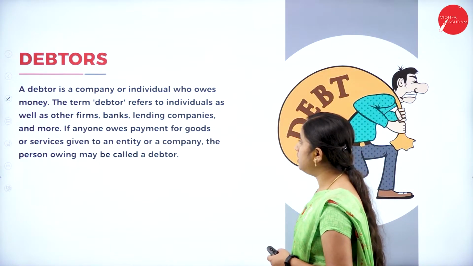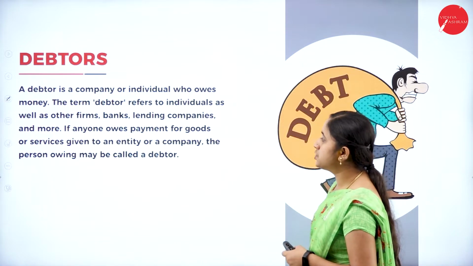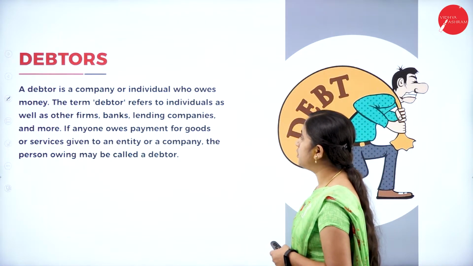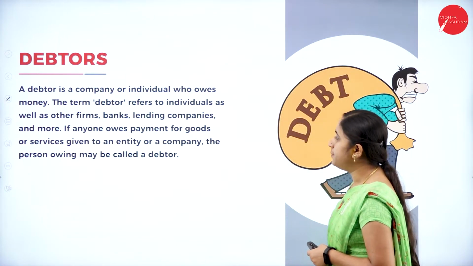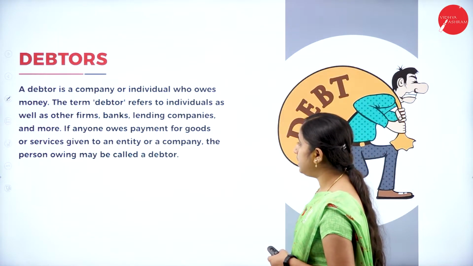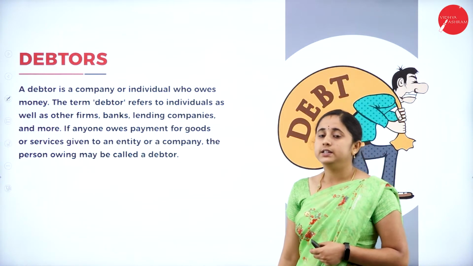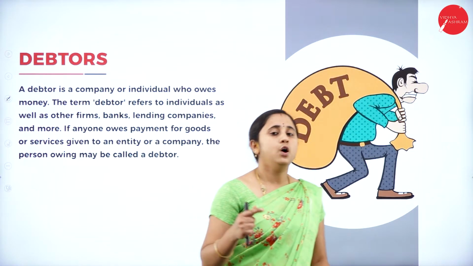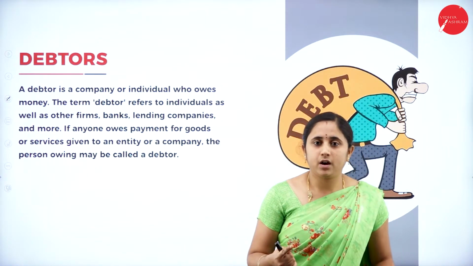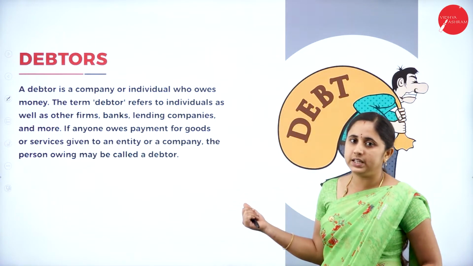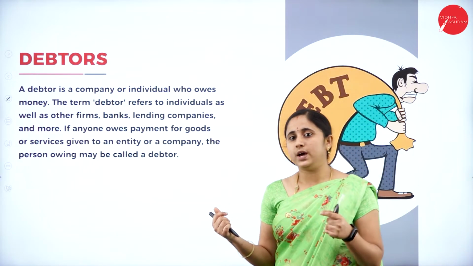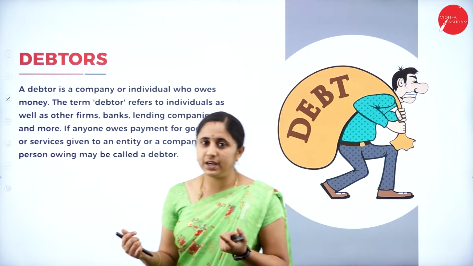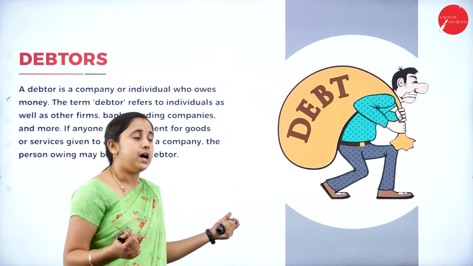If anyone owes payment for goods or services given by an entity or a company, the person owing may be called a debtor. In simple words, a debtor is the person who has an obligation to pay or repay the money.